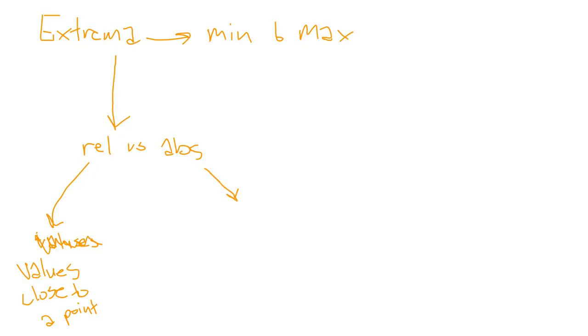Absolute is whenever you have values over an interval. An interval can be from negative infinity to infinity, or we can break it down into a smaller domain, say from -10 to 10. You can still have an absolute extrema on that.